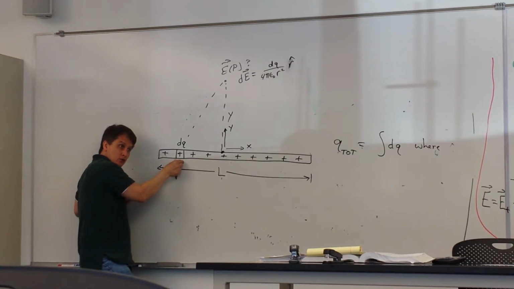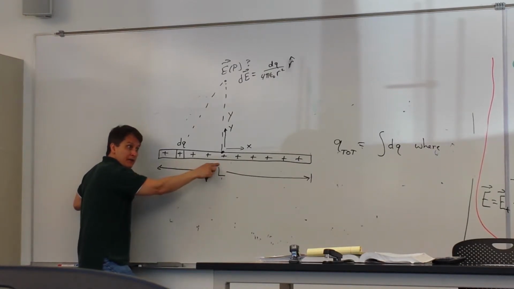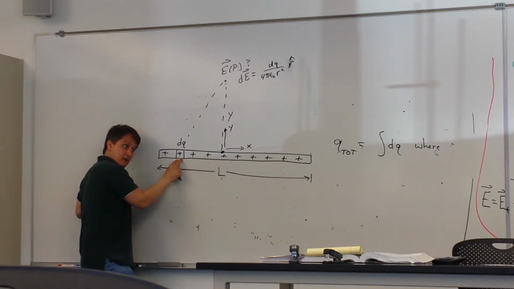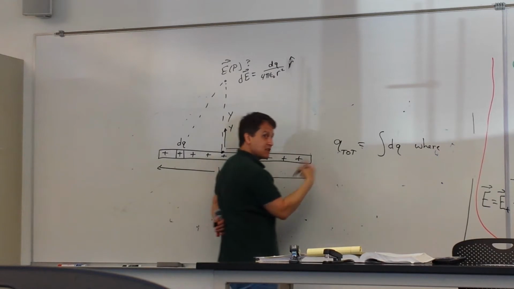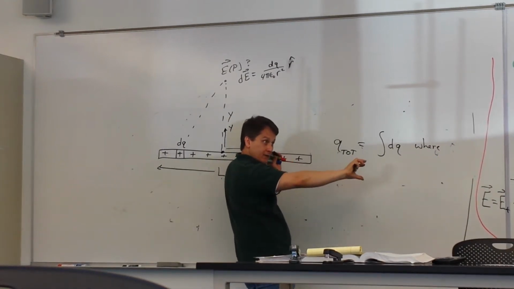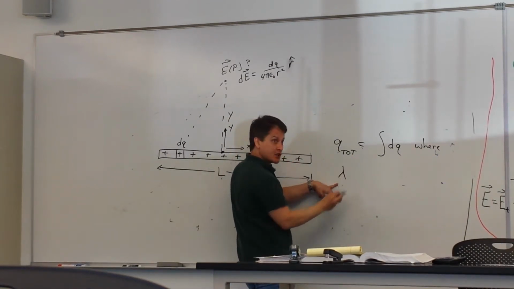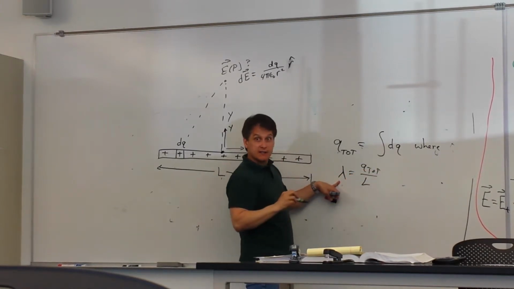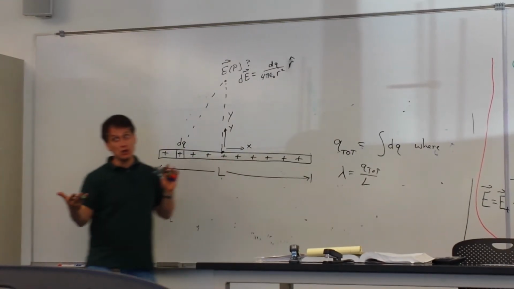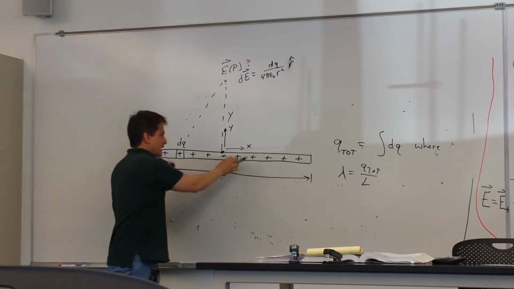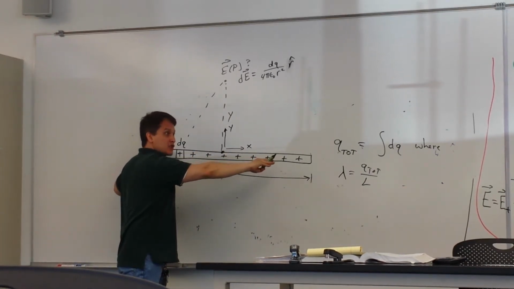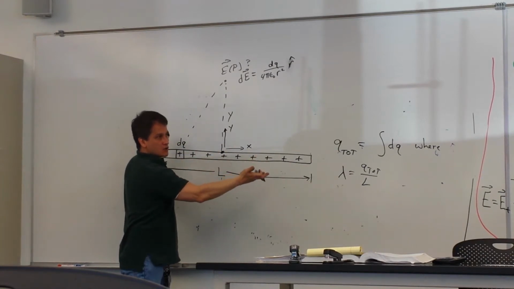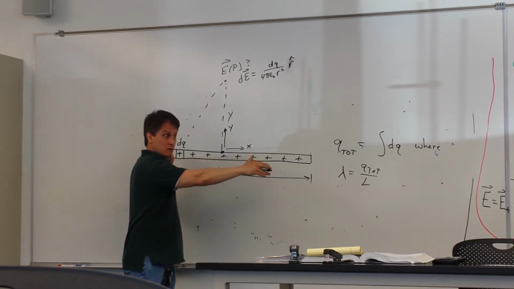The amount of charge in this little region would basically be the charge per unit length along this whole thing times this little segment of length. If the charge is uniformly spread out, I can say the charge density, Q total divided by L, will be a constant quantity. In other words, if this thing's a meter long and there's a coulomb of charge, then along this thing you've got a charge per unit length of one coulomb divided by the 1 meter.